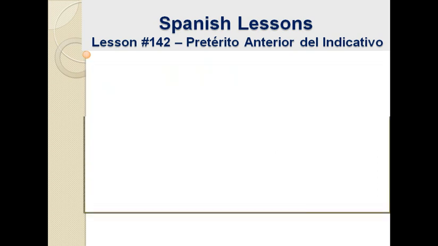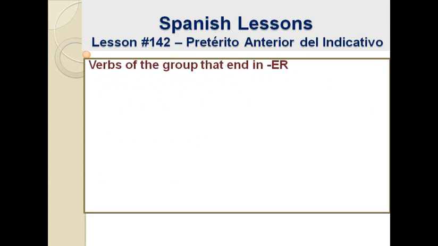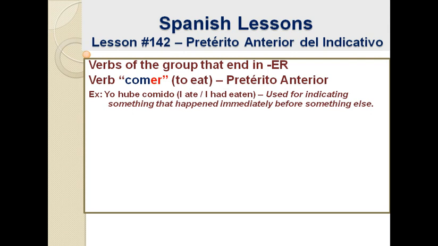Now let's pass to the second group of verbs, the verbs that end with er. And we choose as an example the verb comer, or to eat. Here's our example. Yo hube comido. I ate or I had eaten, right?